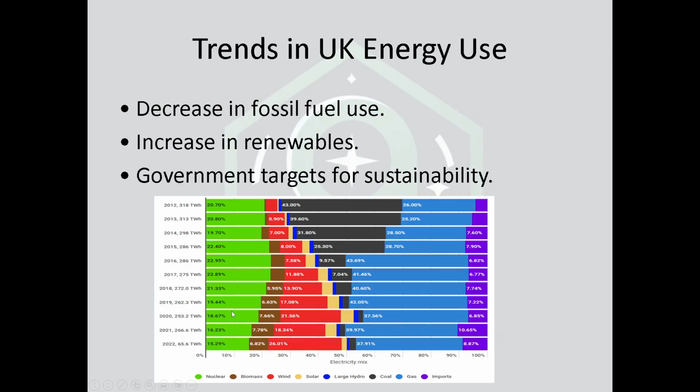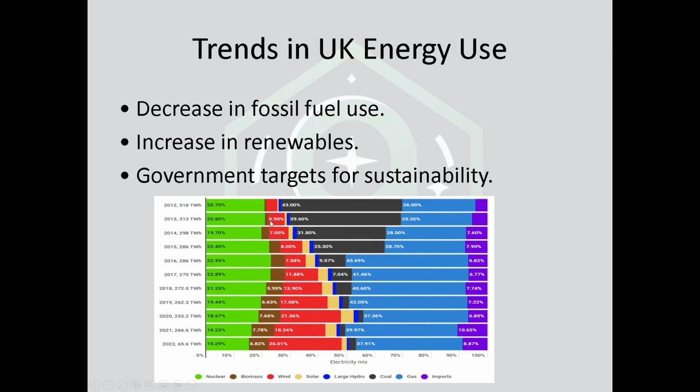So here's a quick graph showing you the change in energy. We can see here that nuclear has fallen a lot from 22.95% at its peak in 2016 to only making up 15.29% of our energy makeup. And also a big thing is wind energy.